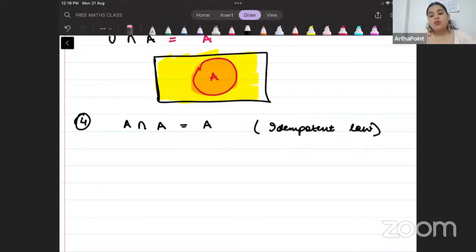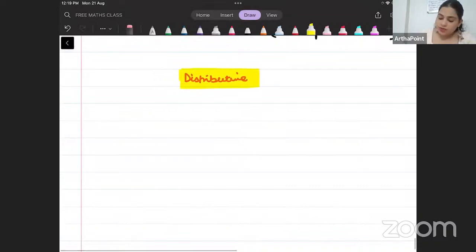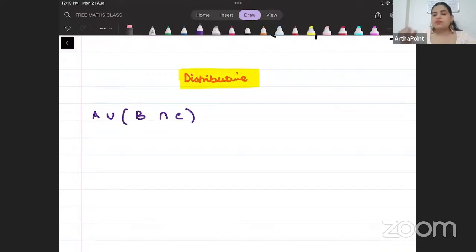Okay. Now, there is a very important property that I am going to teach today, and that is known as distributive law. Understand this carefully, it combines intersection and union. So you have A union B intersection C. It can also be the other way around.